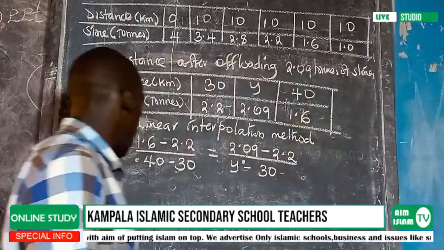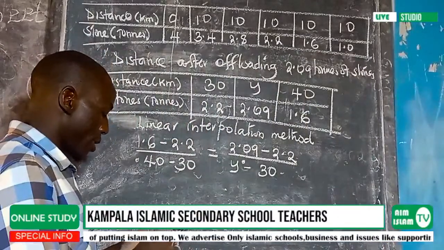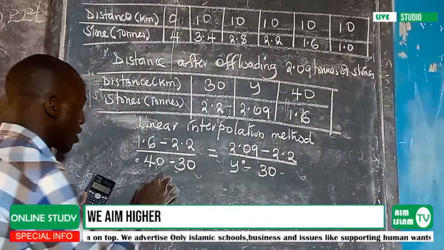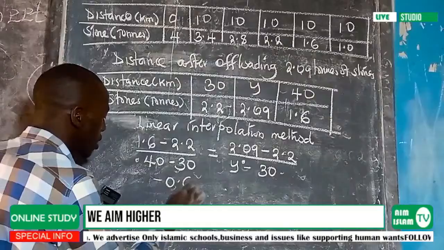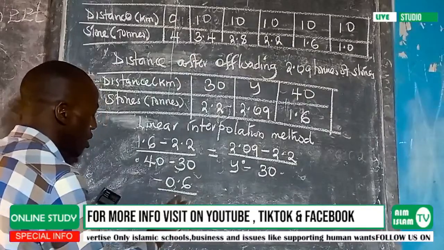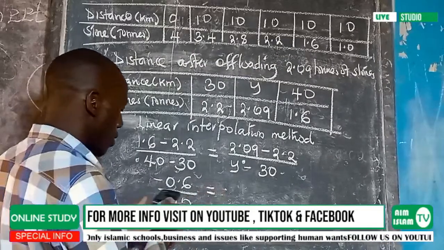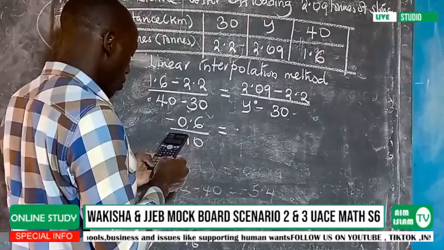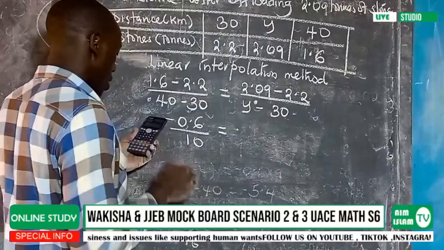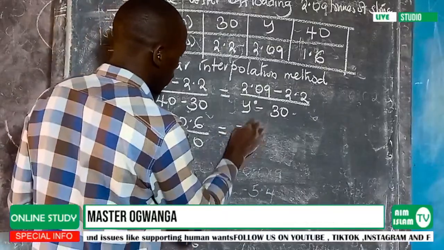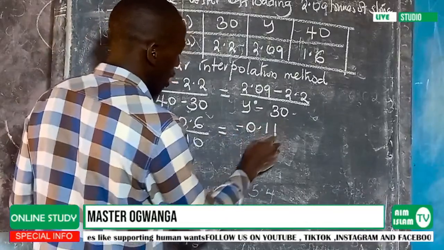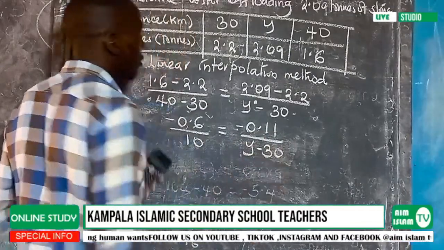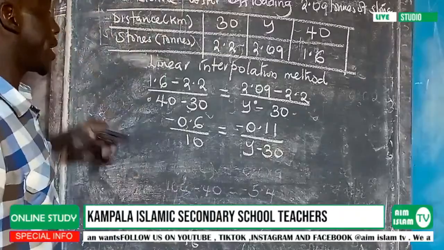So we can look at that. That is 1.6 minus 2.2, that will be negative 0.6 divided by 10, equals 2.09 minus 2.2, that will give us negative 0.11 divided by y minus 30.